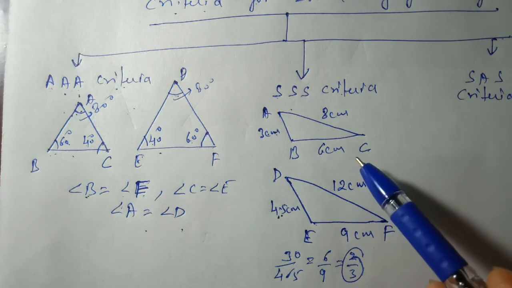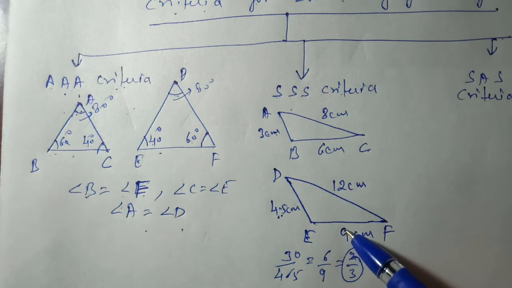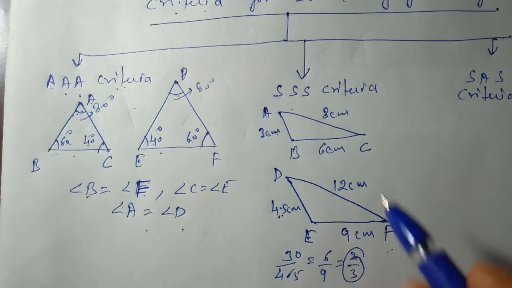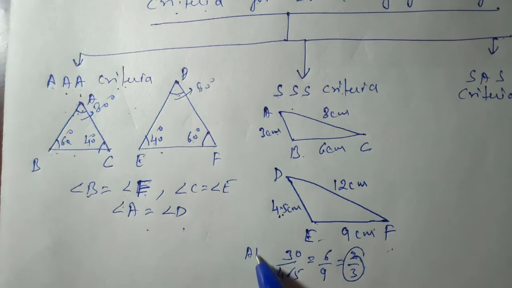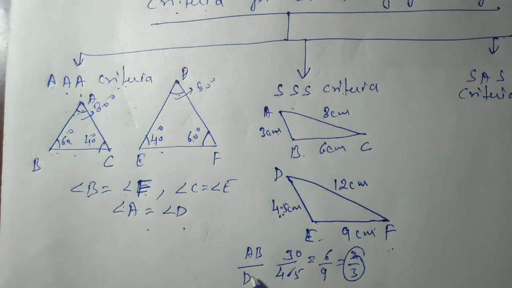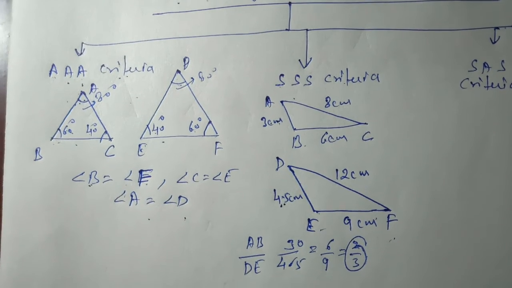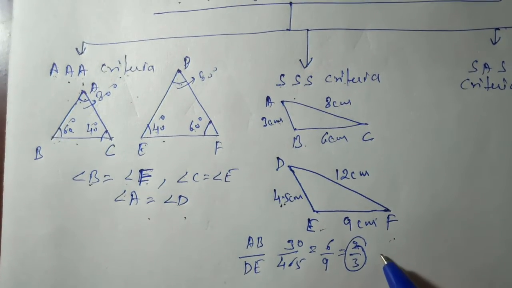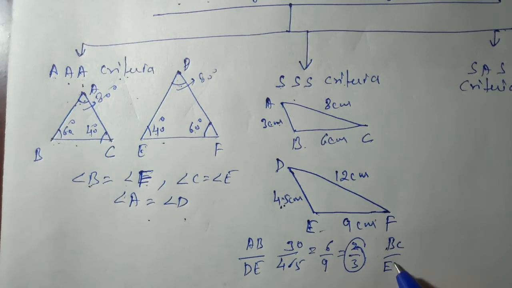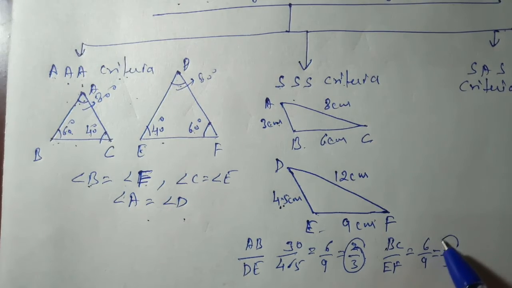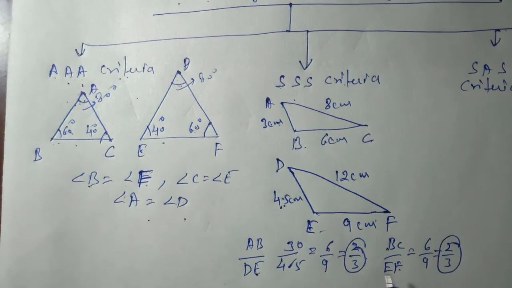This we have taken as AB upon DE. Next, if we take 6 upon 9, meaning BC upon EF, after cancellation it is also equal to 2 upon 3. Both the ratios are equal.